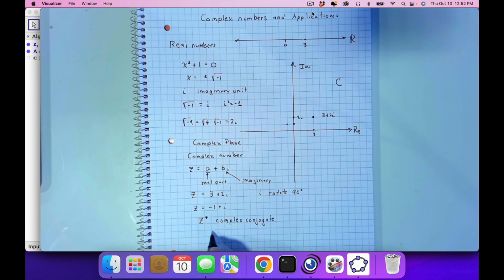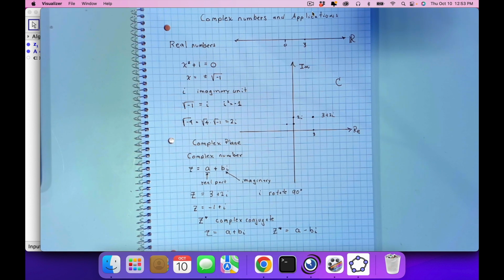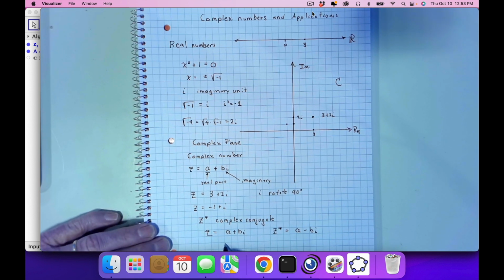If z is equal to a plus bi, the complex conjugate is a, but the imaginary part you take the opposite of. So for example, if I have 2 plus 3i, the complex conjugate would be 2 minus 3i.